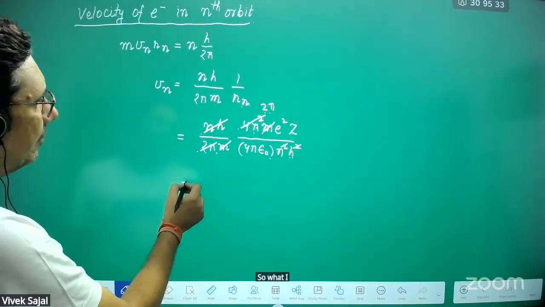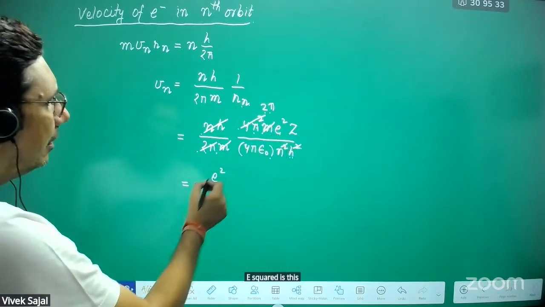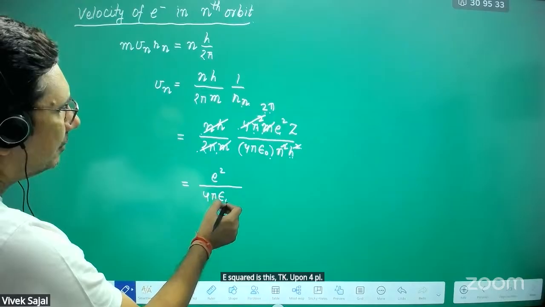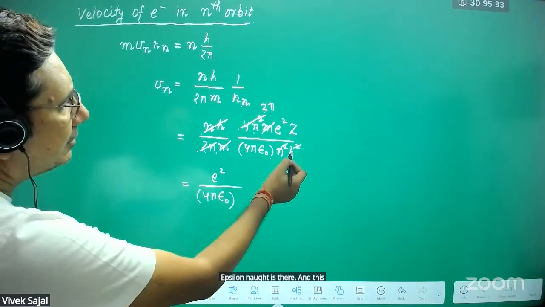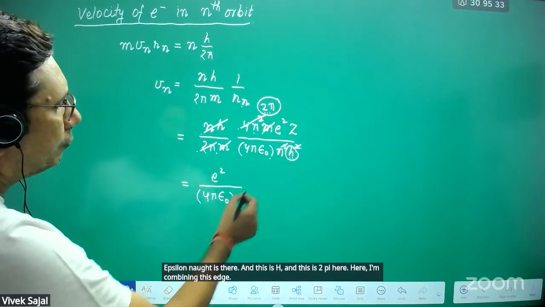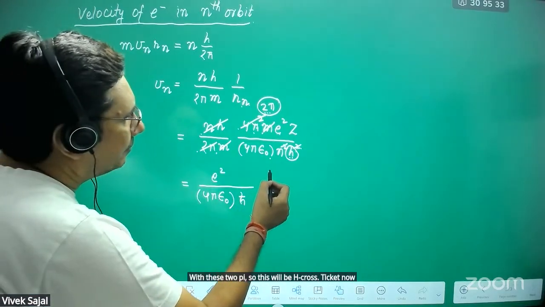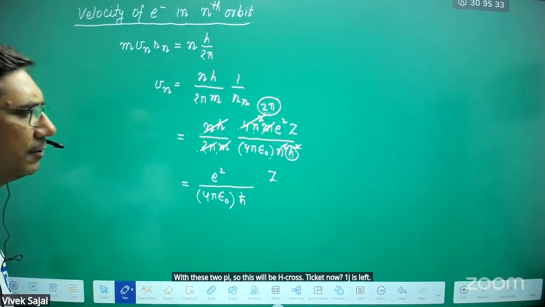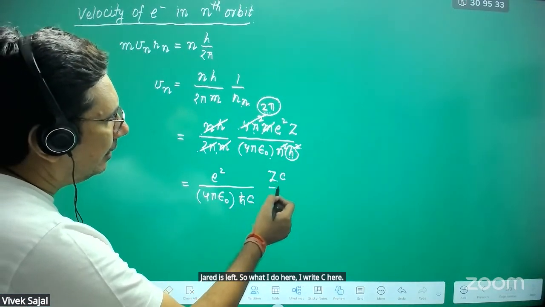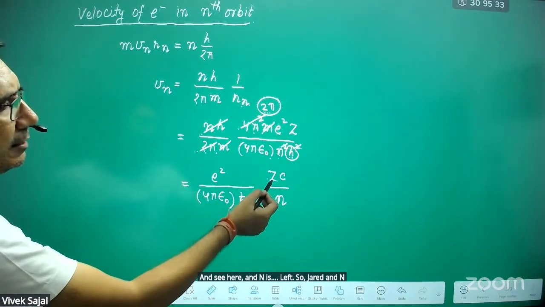So I'm writing e square upon 4 pi epsilon naught, and h upon 2 pi, combining this h with 2 pi to make h cross. Now one Z is left and n is left, so I write Z by n.